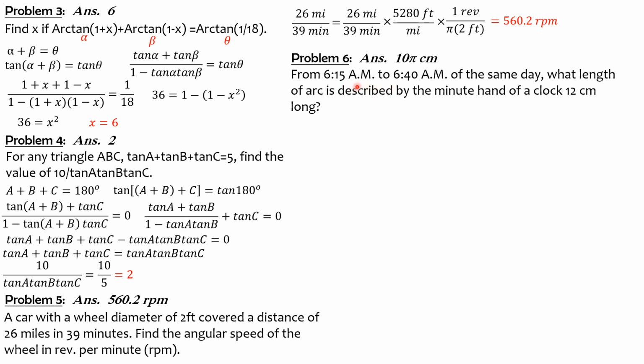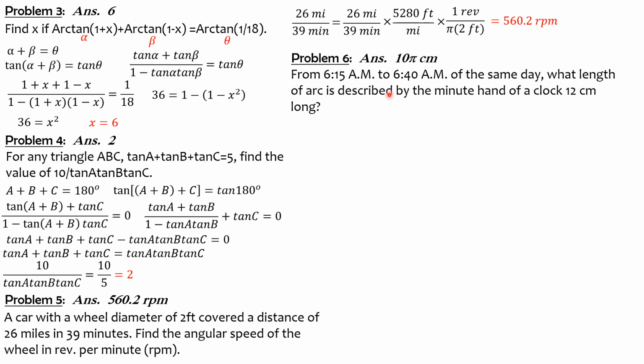Between 6:15 and 6:40, the minute hand is pointing at the 3 mark initially. Then at 6:40, the minute hand is now pointing at the 8 mark. The angular spacing between the 3 to 8, so 3 to 4, 5, 6, 7, 8, that's 5 angular spacings, and the angular spacing between marks is 30 degrees.